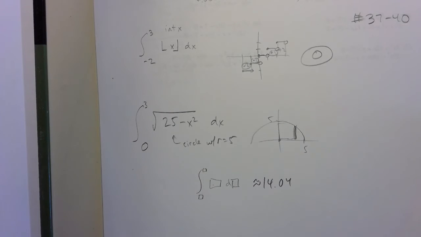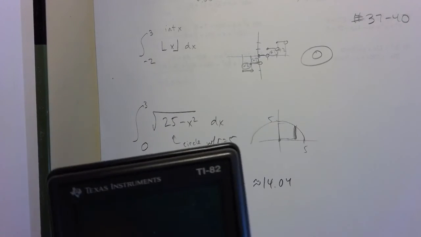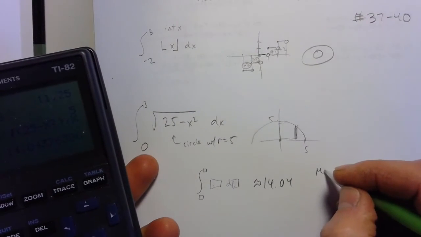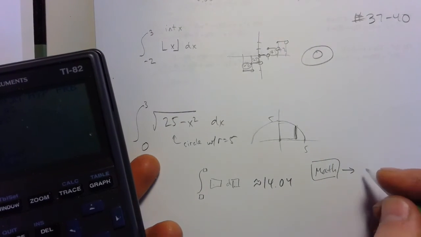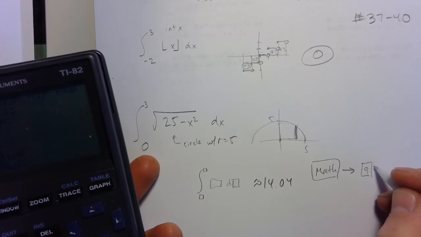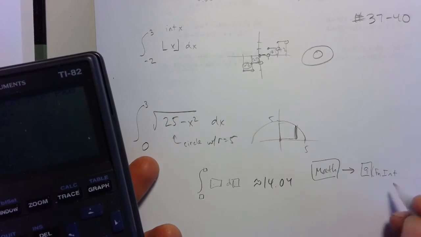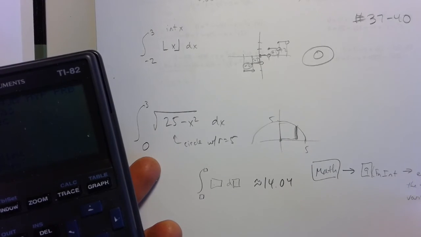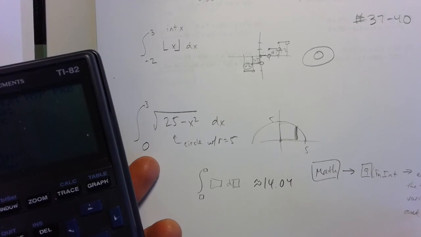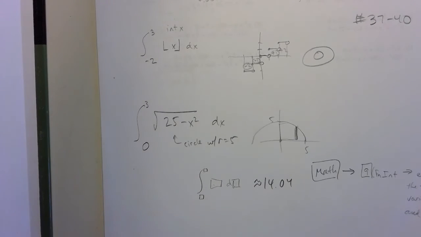When you see a problem like that, all I want you to be able to do is use your graphing calculator to evaluate these. There are some that are going to ask that. So it's just about plugging it in. Again, you go to the math key, go down to number 9, which is FN int, meaning you're integrating the function, and then enter the function, variable, and bounds, and it'll pop out a number for you.